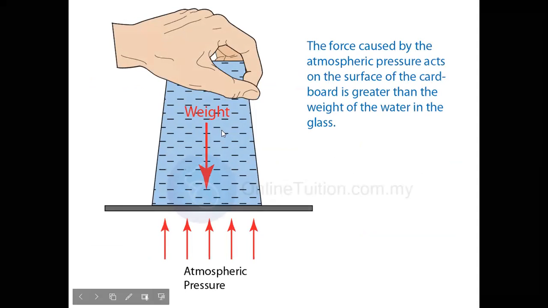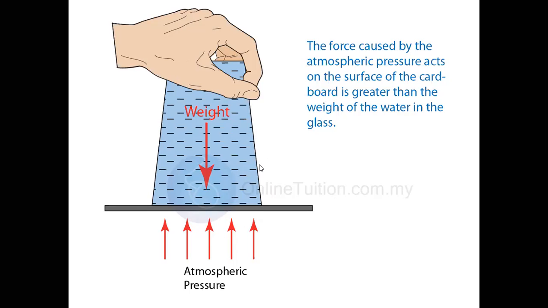Look here. Water does not fall. The glass is filled with water and inverted by covering its mouth with cardboard. But water does not fall because from all around the glass, air is exerting pressure and pressing the cardboard. To the glass also, air is pressing, but glass is hard.